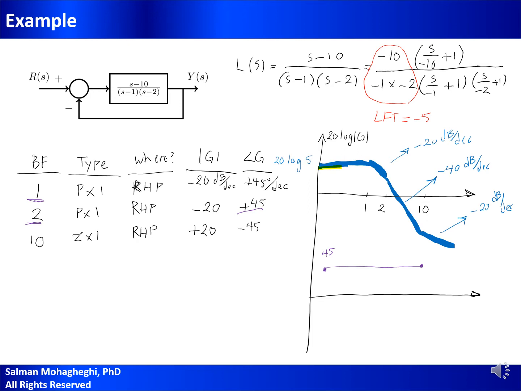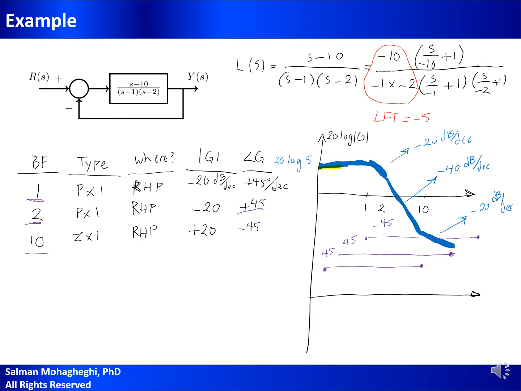So let's say 0.2 is somewhere here, and 20, let's say it's somewhere here. That's another 45. And then lastly, I have a 0 at 10 with a phase slope of minus 45. And the range for that is going to be 0.1 times 10 and 10 times 10.